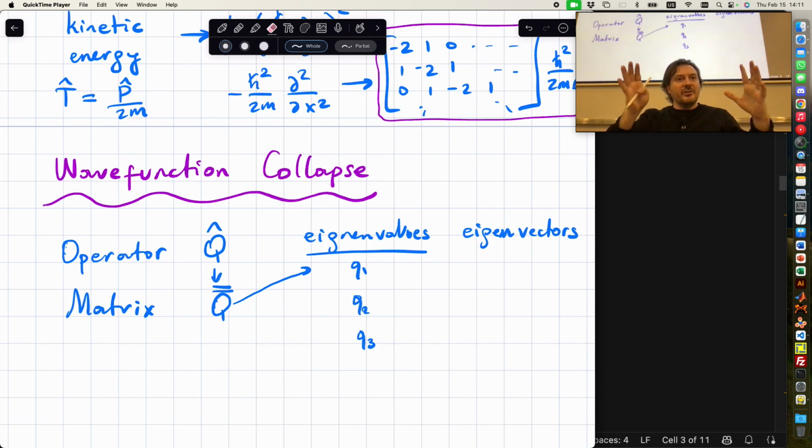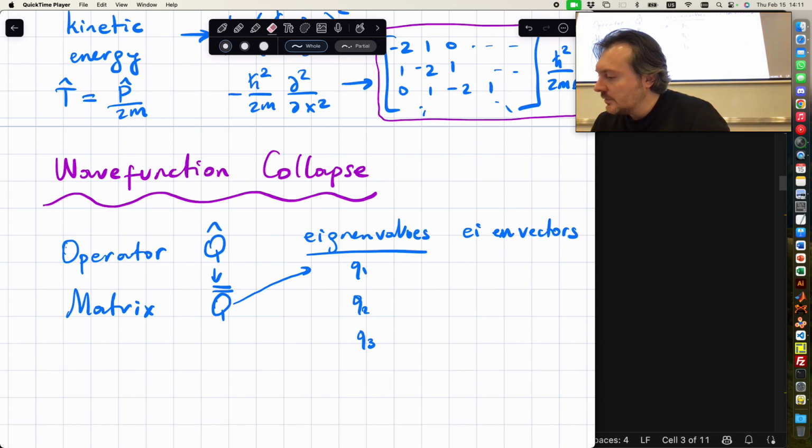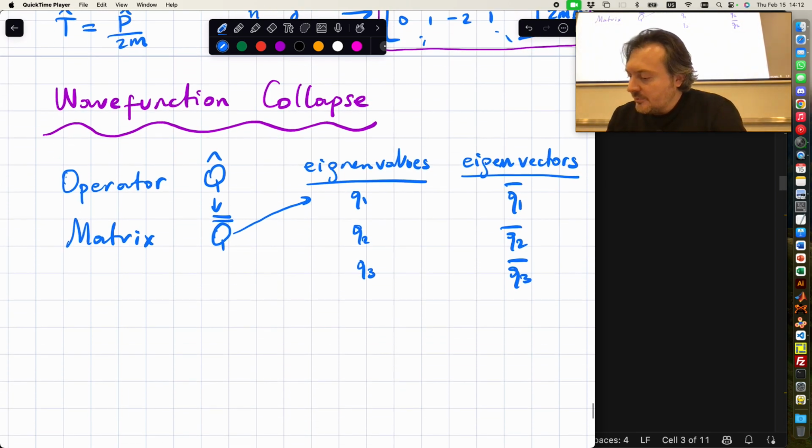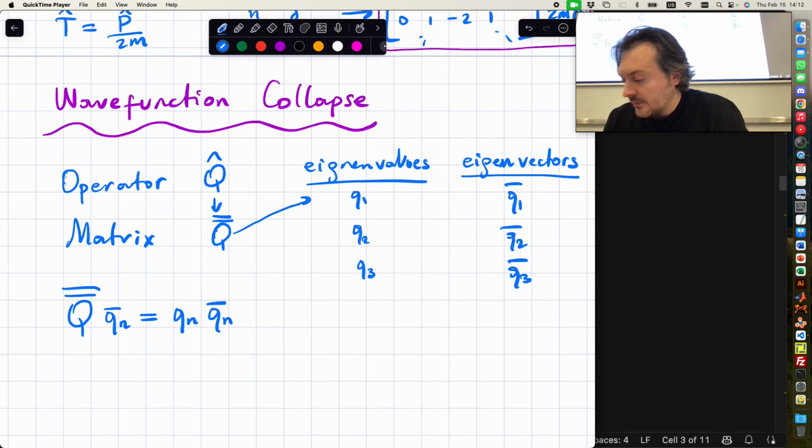When you measure energy, you can get E1, E2, E3, and each one will have its own eigenvector: Q1 vector, Q2 vector, Q3 vector. So far so good? Almost there. What I'm trying to say is the Q matrix times the Qn vector is equal to the Qn number times the Qn vector. It's an eigenvalue equation.